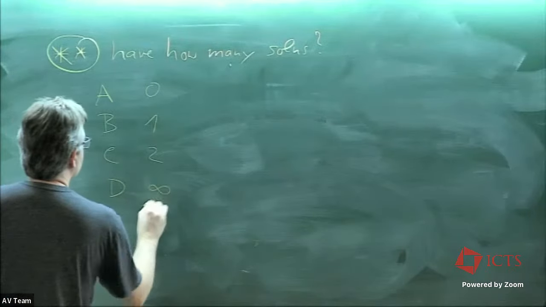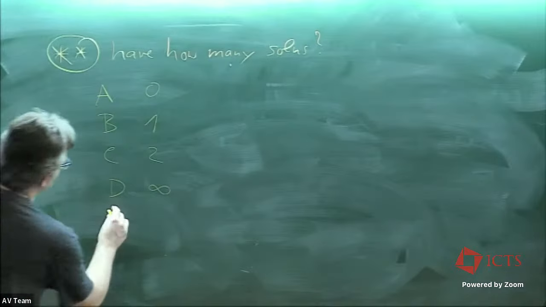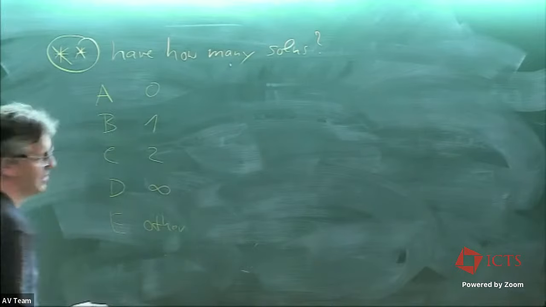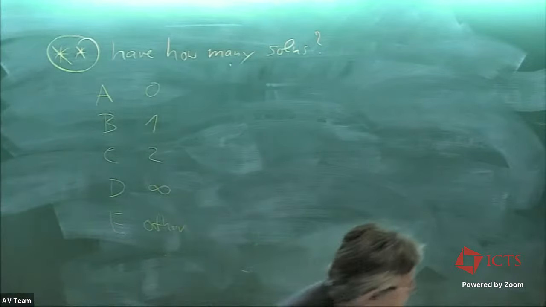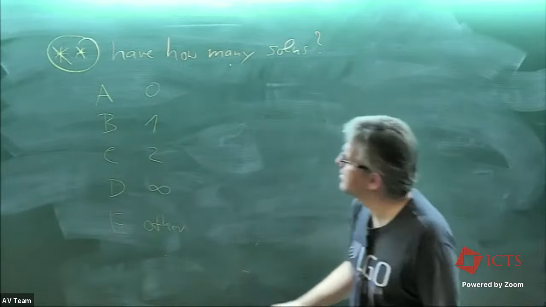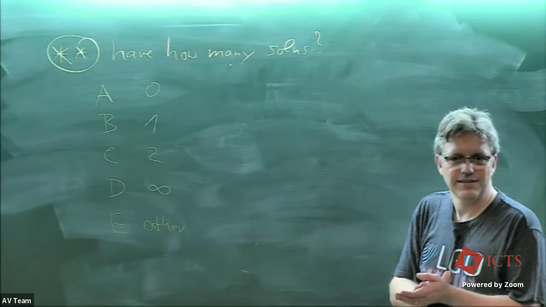D, infinitely many. Oh, we can also put in an E, other. I have a linear set of equations, an n by n matrix A multiplying a vector of n unknowns equals 0. And so the question is, if you now try to solve this set of equations, how many solutions will you find for this thing?